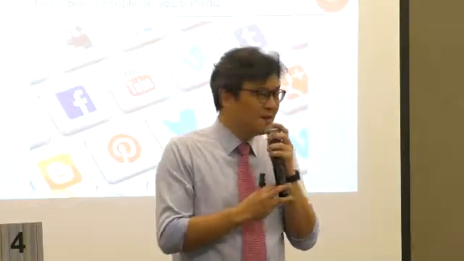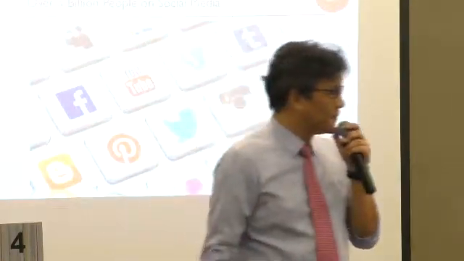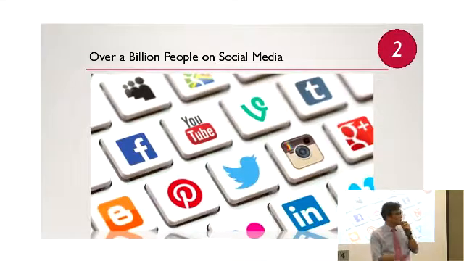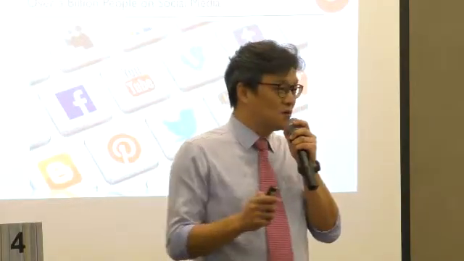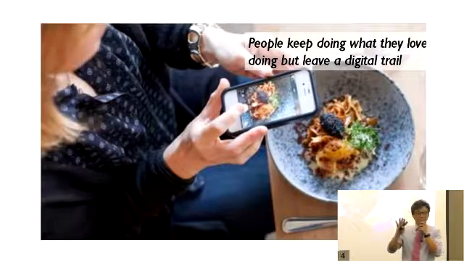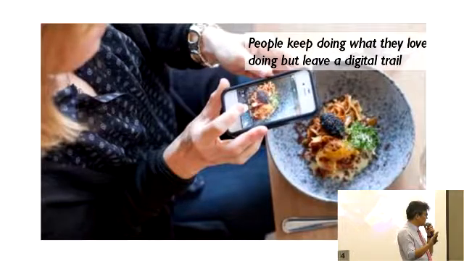The second factor is social media. Now we have YouTube, Facebook, Vine, Twitter, Pinterest, Snapchat, Instagram, all these things. What that's doing is that now we're able to capture people's behaviors. People keep doing what they love, but they leave digital traces of what they do.